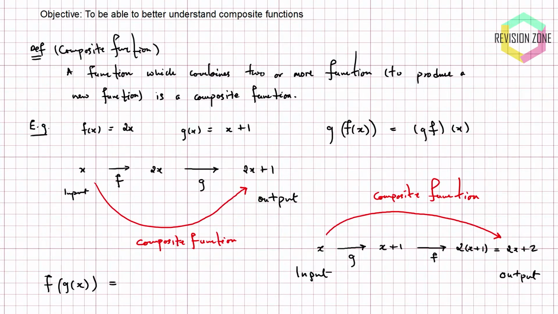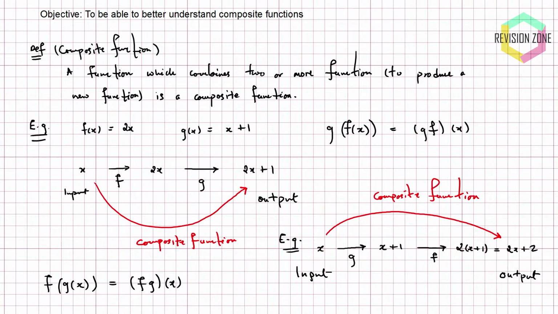And of course, more conventionally, you would write this like this, where now you see the input x is seeing the g first because the g acts on x first. And then it sees the f afterwards because the f acts on the entire thing afterwards. Okay, so this is another example of a composite function. So we've now seen two examples.